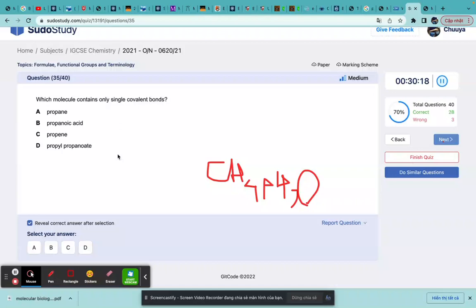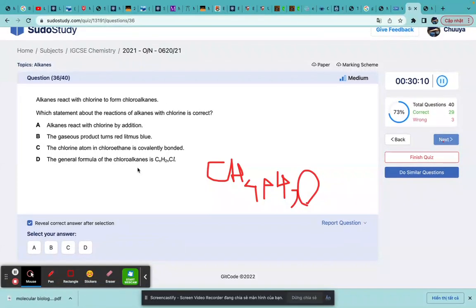Only single covalent bond. Propane. Chloroalkynes. Alkyne, a gaseous product. It makes HCl.